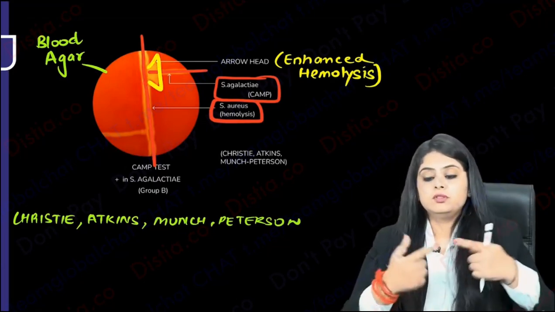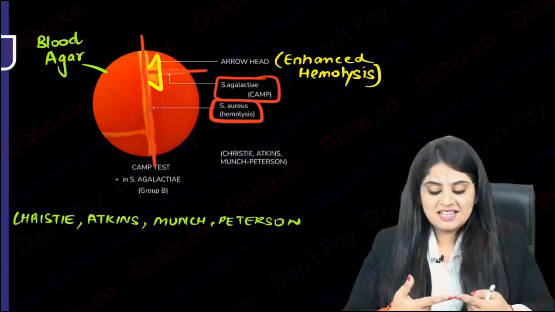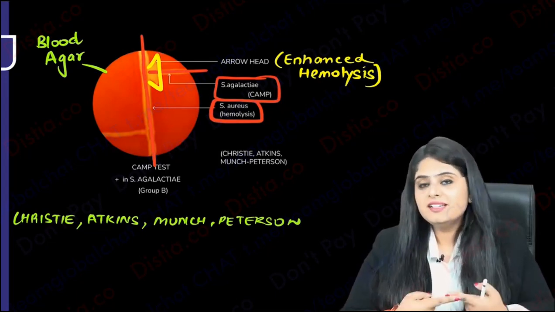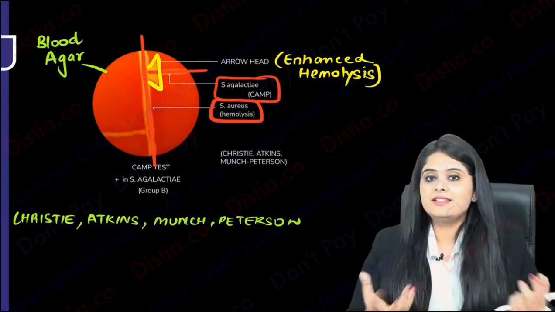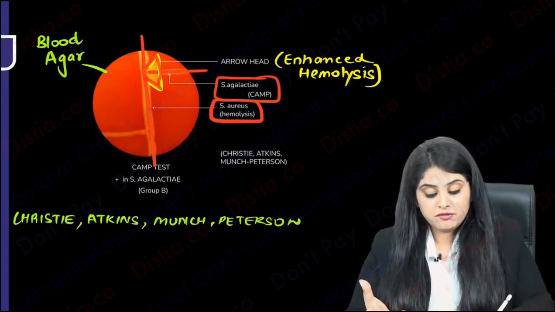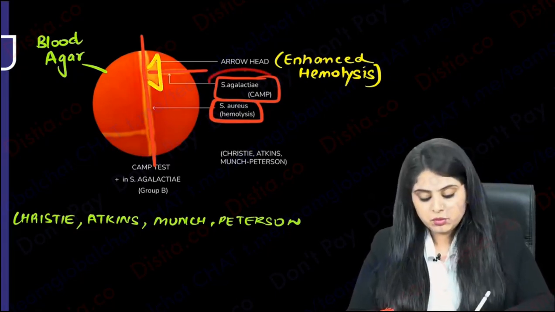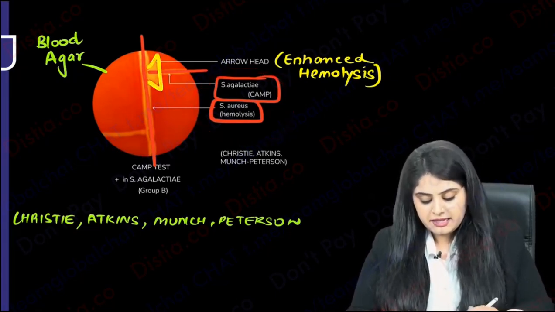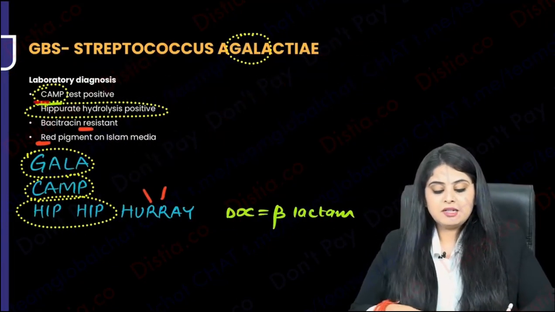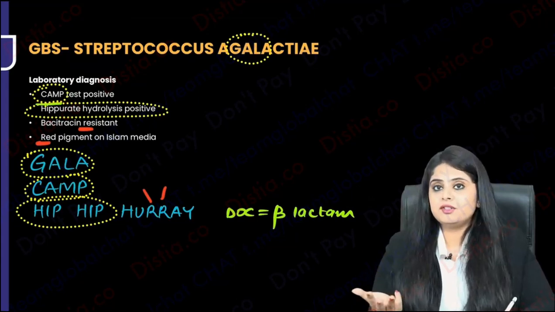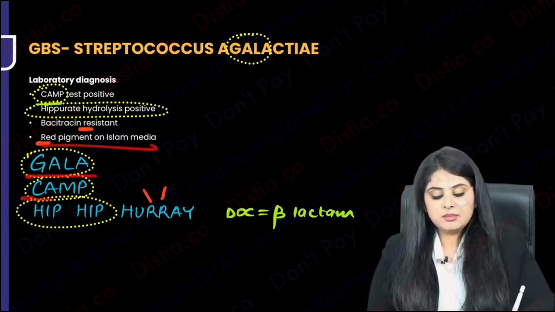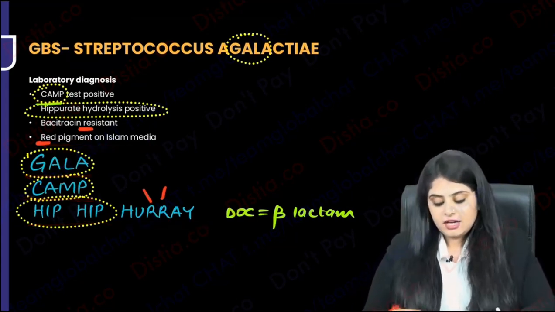So when two similar people meet, there is a lot of fun. More and more hemolysis will happen because both of them start acting together. Yes, I hope everyone's okay. That is the camp test with hippurate hydrolysis, bacitracin resistance, red color, gala time in the camp, hip hip hooray. That is how you're going to learn it.